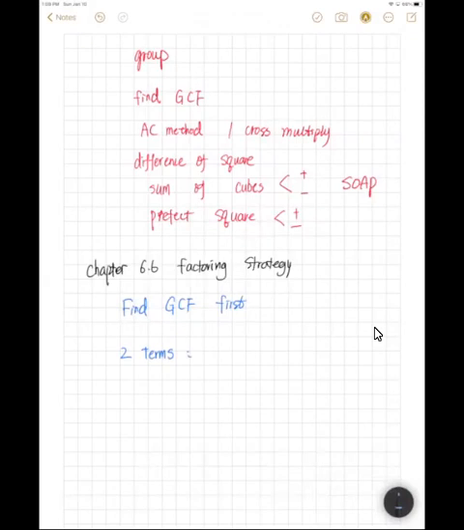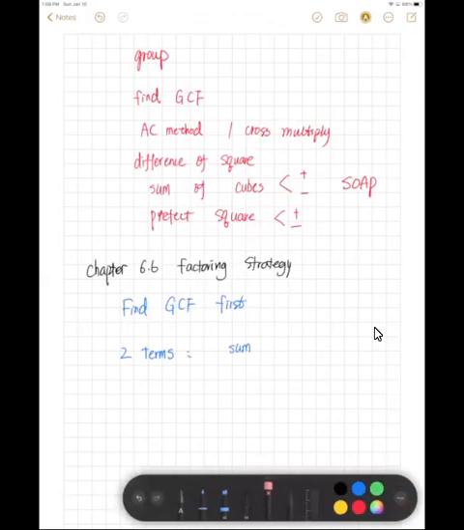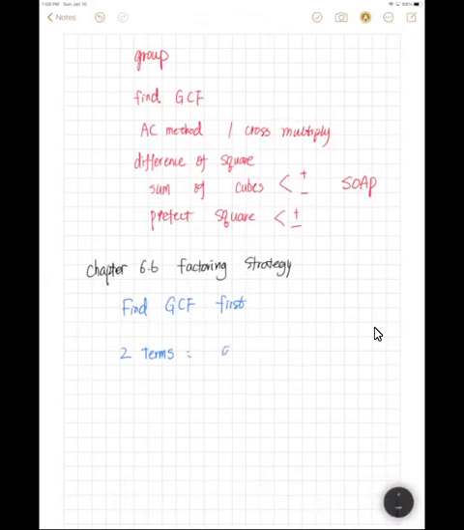If it's two terms, we can use the difference of squares or the sum of cubes, right?